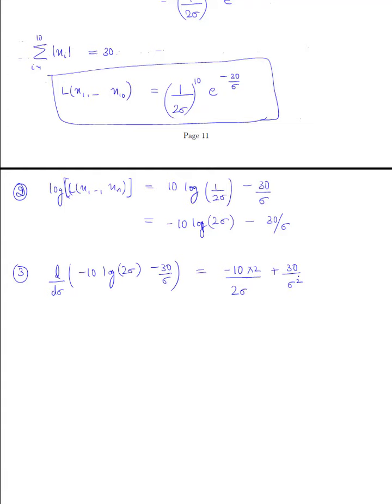Now we equate this to 0 to find the value of sigma that maximizes the likelihood function. So this is nothing but minus 10 by sigma plus 30 by sigma square equal to 0, and it becomes 30 by sigma square equal to 10 by sigma.